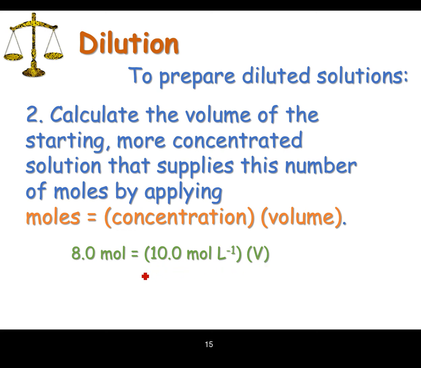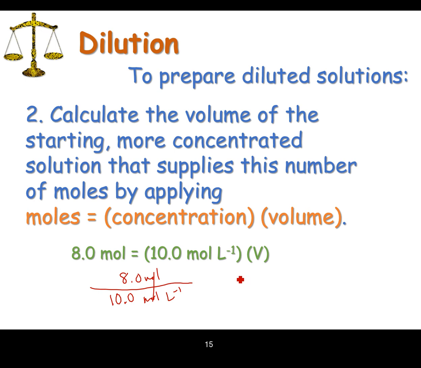If I rearrange this, I have 8.0 moles, and I would have to divide that by 10.0 moles per liter to get V isolated. Moles will then cancel.